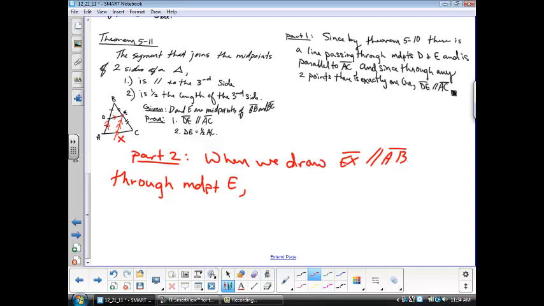Okay, so now, back to finishing up part two here and gathering your attention. When we draw this line parallel to one side of the triangle through a midpoint to another side, by Theorem 5.10, it has to pass through the midpoint of the third side. So X must be the midpoint of side AC.